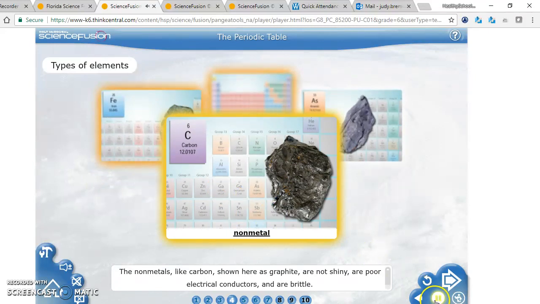The nonmetals, like carbon, shown here as graphite, are not shiny, are poor electrical conductors, and are brittle. Many nonmetals are gases at room temperature.